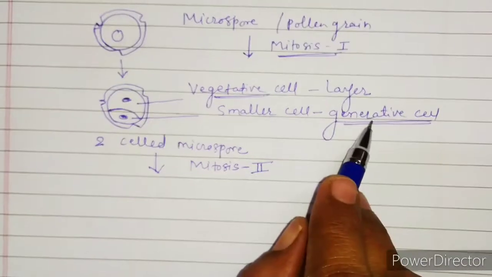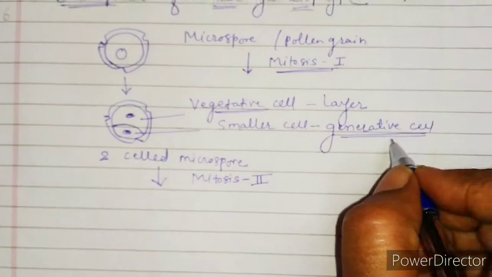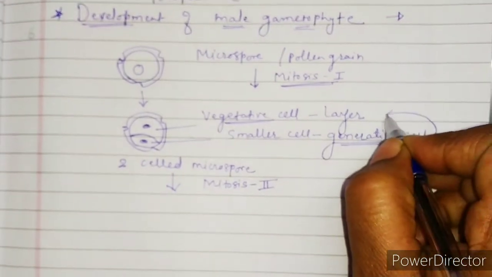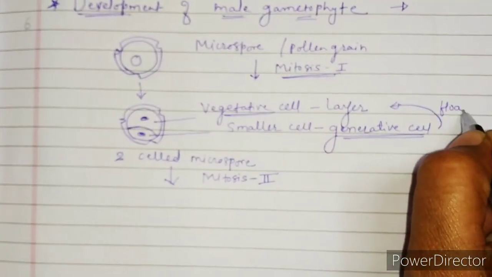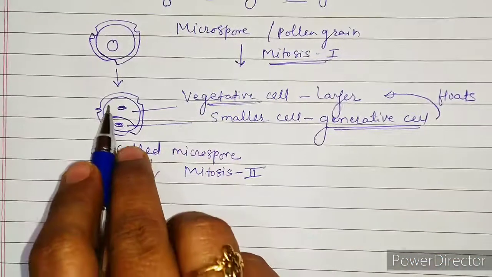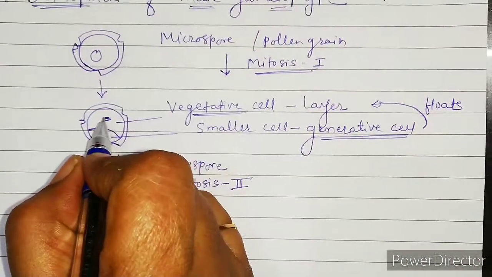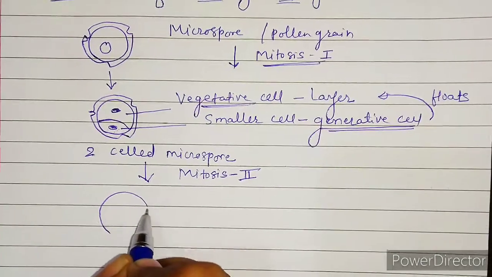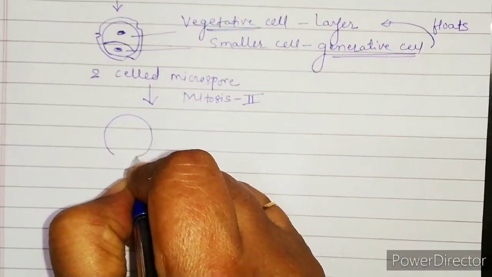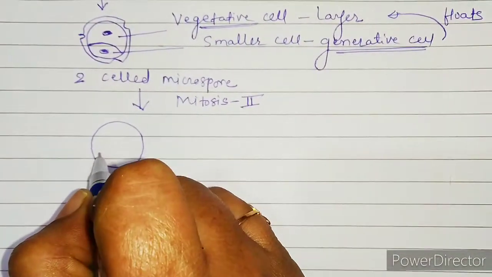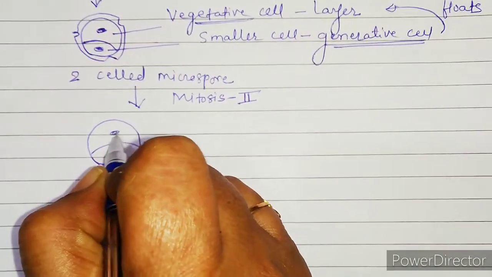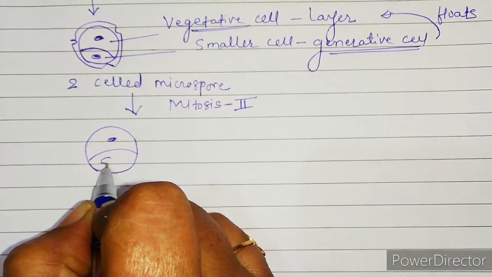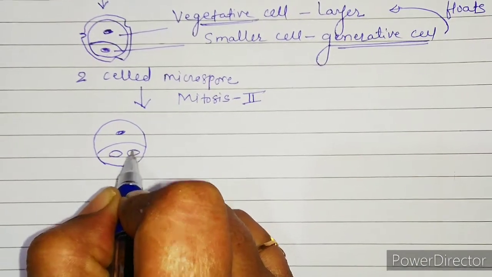The generative cell floats in the cytoplasm of the vegetative cell because it is the larger cell. What will be the structure? Like this, the vegetative cell is there, and here the generative cell divides into two.